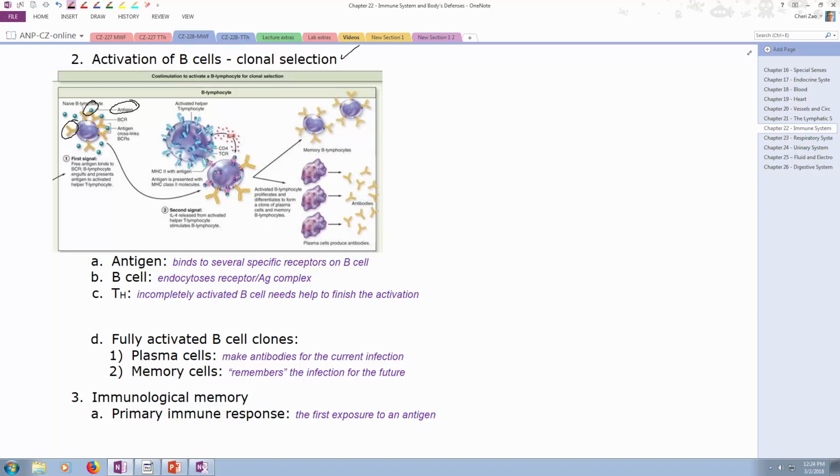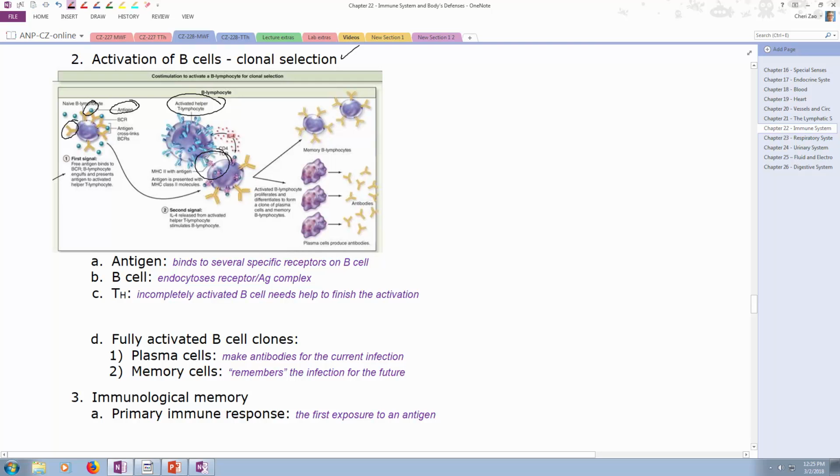The MHC2 receptor will now interact with, if you notice here it says activated helper T lymphocyte. So that means this helper cell has already seen this pathogen and has become activated. It's very important for you guys to realize this helper cell is only going to help out the B cell that the helper cell and B cell have both seen.